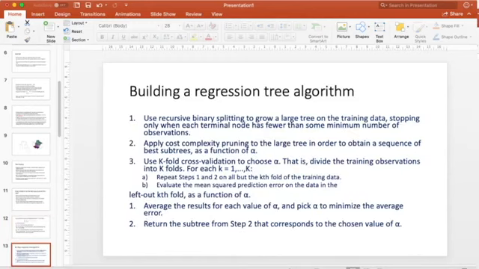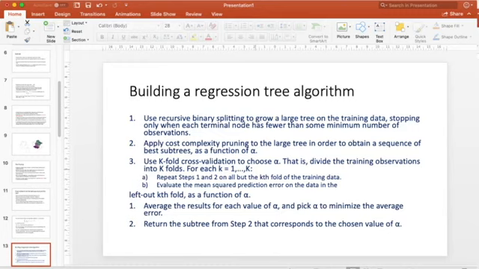So we run these equations. And then we use k-fold cross-validation to choose the value for alpha, which is we divide the training observations into k different groups, or k folds. For each of the groups, 1, 2, 3 until k, we repeat step 1 and step 2 on all but the k-th fold of the training data.